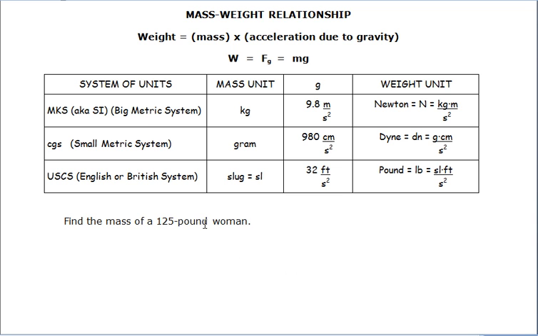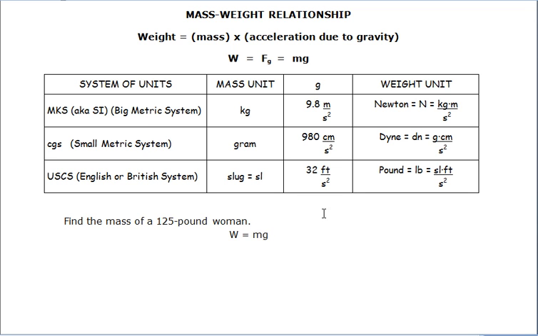We have a 125 pound woman. Is that her mass? In the chart, we see that pounds are a unit of weight, and so we know that we have not been given the woman's mass, we've been given her weight. So we do need our formula, which is that W equals mg.